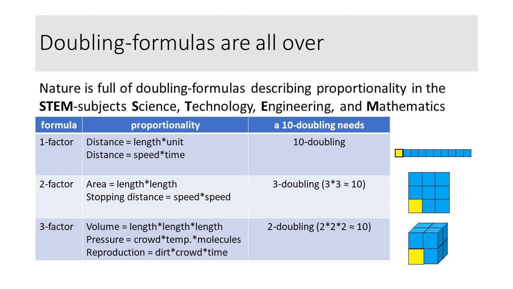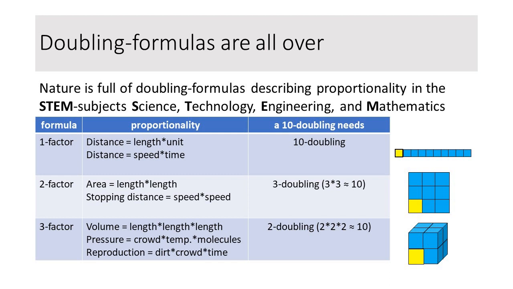In a two-factor formula, 10 doubling needs 3 doubling, since 3 times 3 is close to 10. In a three-factor formula, 10 doubling needs only 2 doubling, since 2 times 2 times 2 is close to 10.